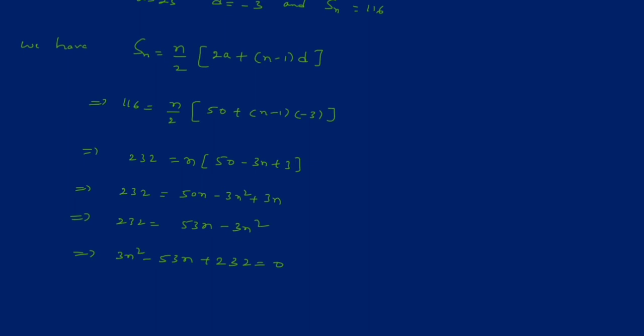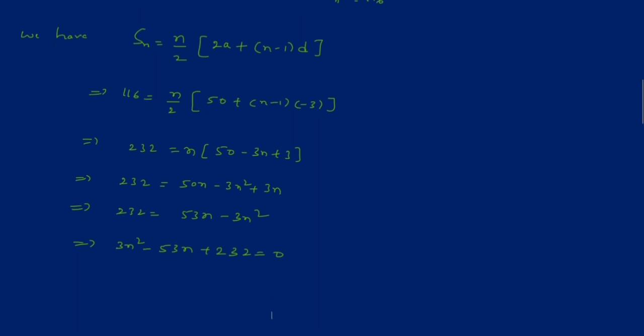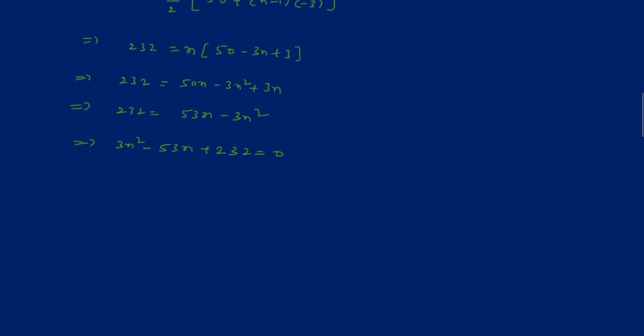So after simplifying, already you know how to solve a quadratic equation. Again, there are two methods. One is factorization, one is root formula method. You can apply either of any one method and solve this quadratic equation. Then we get, I'm writing here directly, n minus 8 into 3n minus 29 equals 0, right?